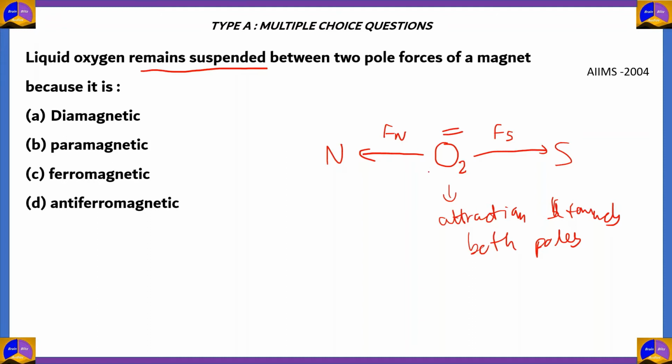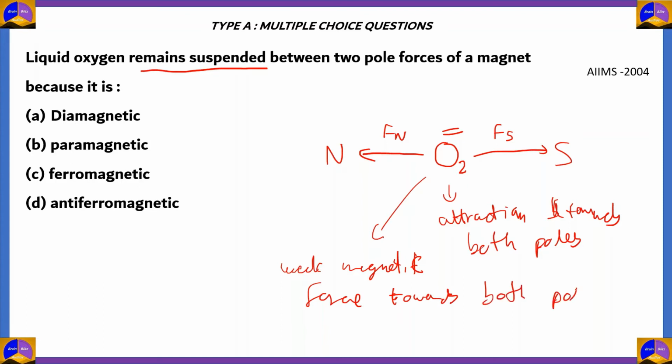Now, north and south poles of a magnetic field can only attract an oxygen molecule if there is a weak magnetic force which is acting towards both poles. The reason why it is not strong is because one material cannot be pulled two ways at the same time.